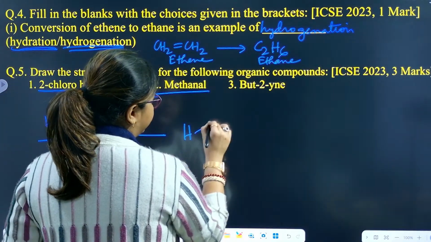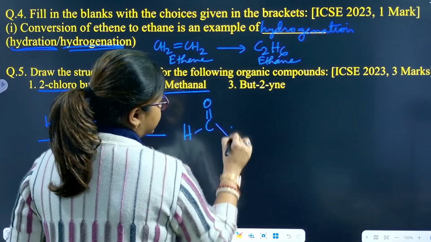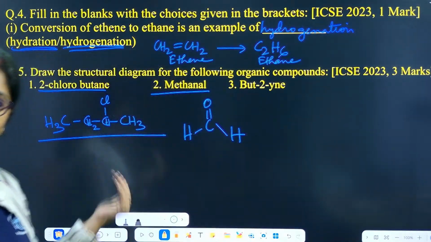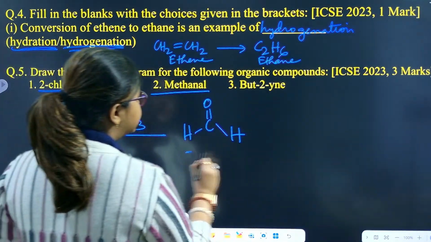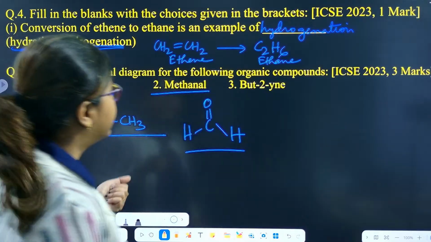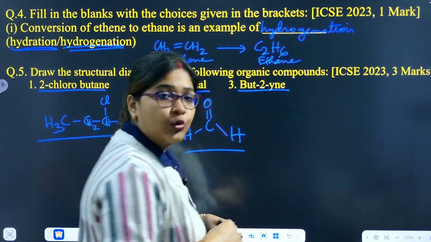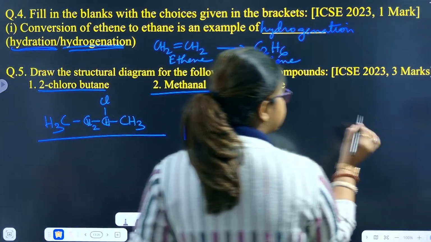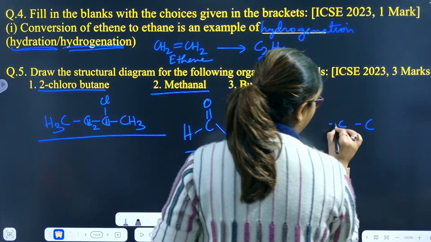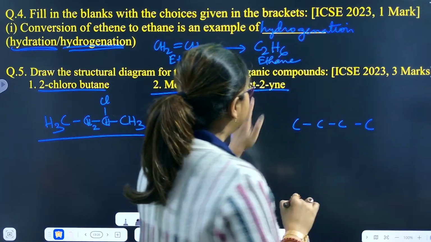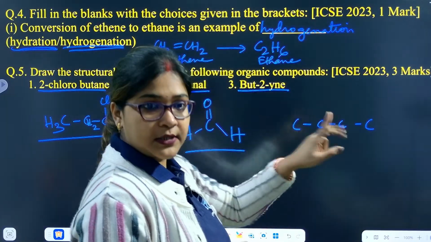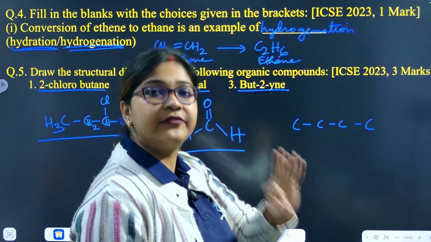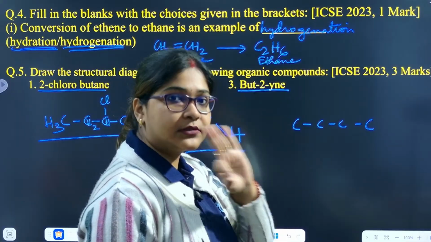Next is methanol. Methanol, as I have already discussed, this had come last year also. So this is methanol. Then is but-2-yne: methane, ethane, propane, butane. That means this is again 4 carbon. But-2-yne, at 2 position you have yne, alkyne, triple bond.